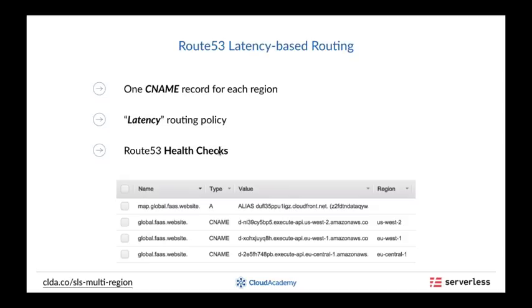So this is really the point of why we're doing this. We want to be tolerant to regional failure. This is the fallback we talked about earlier, right? Exactly. So since the routing is done at the DNS level, Route 53 will help us route you to the closest region with the latency policy and fall back to another region in case anything goes wrong.